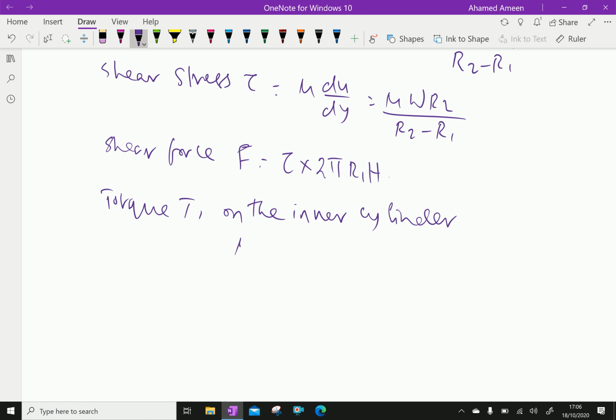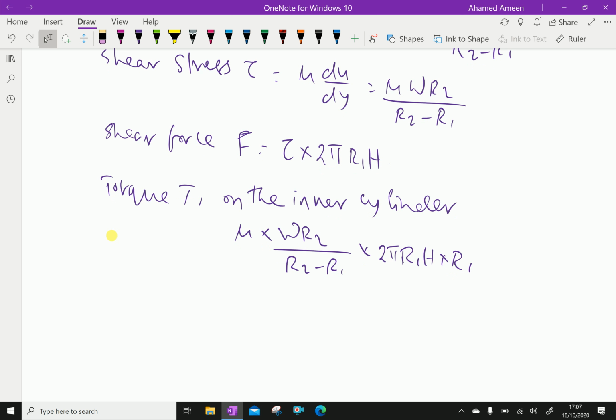Shear force is mu omega R2 over R2 minus R1 into 2 pi R1 H, into R1.